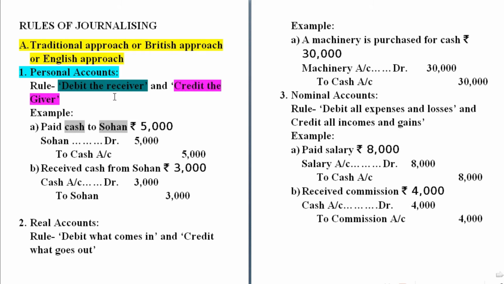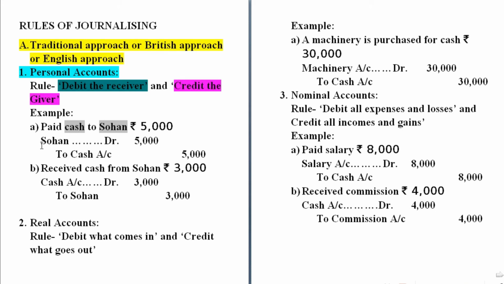So Sohan becomes the receiver. In your journal entry, we have debited Sohan with 5,000 rupees because Sohan is the receiver. Now always remember, students, in front of a personal account we never write the abbreviation account. Either it is Sohan, Rohan, or any school name, institution name or trader name, we will never write the abbreviation account. Then what we have credited, we have written to cash. To cash comes in the credit.